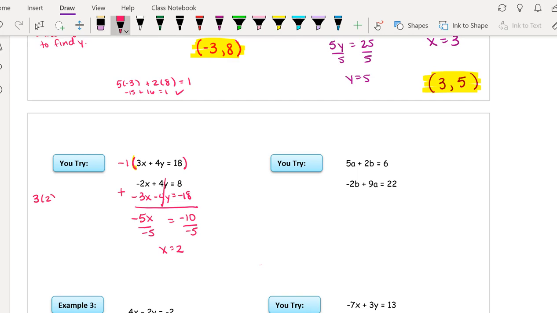So 3 times 2 plus 4 times y is equal to 18. 6 plus 4y equals 18. 4y equals 12, because I subtracted 6. So divide by 4 and you get y equals 3. So 2, 3 should be your solution.